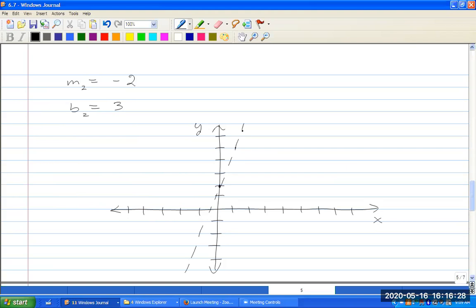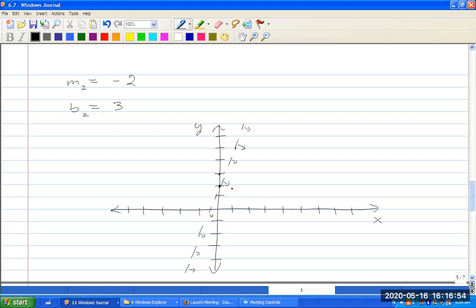And it was true below, so it's true in this region. I'll put little arrows to indicate the direction where it's true. Next, for the second line, I have a y-intercept of 3 and a slope of negative 2.